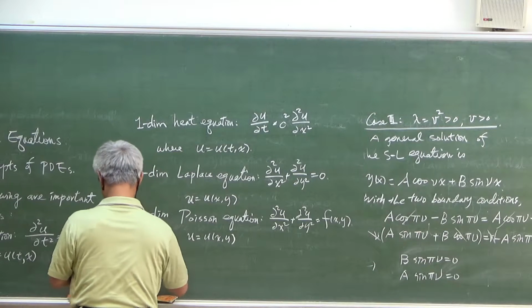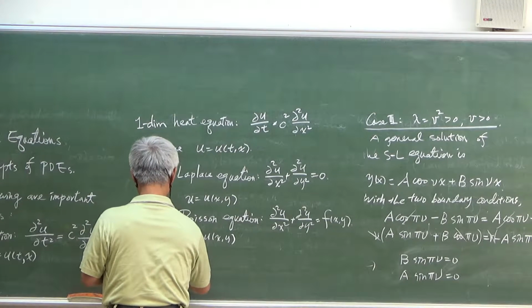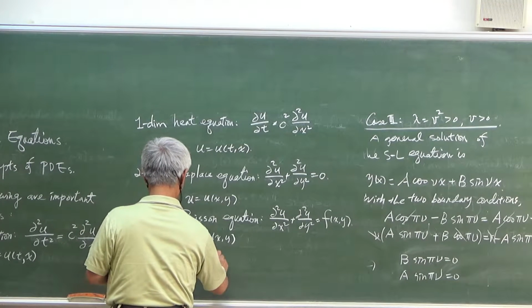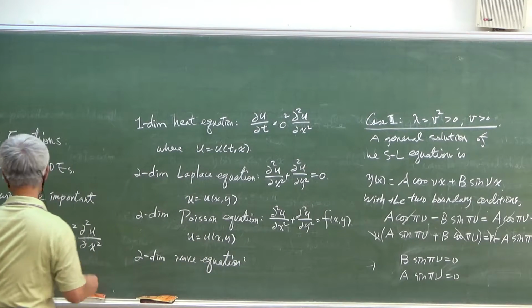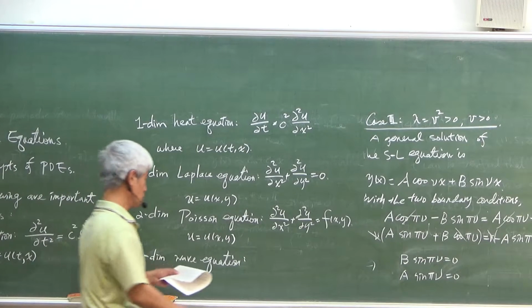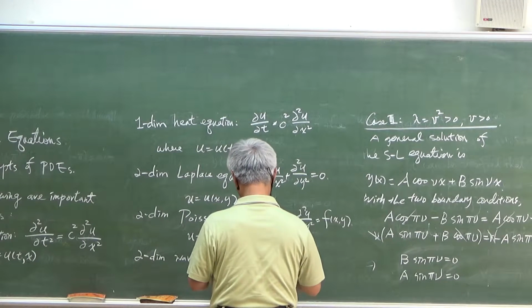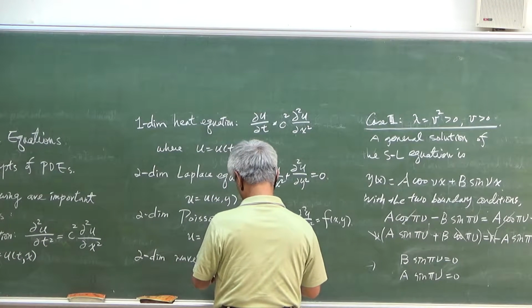Now, the two-dimensional wave equation. The two-dimensional wave equation is just the extension of one dimension into two-dimensional space.